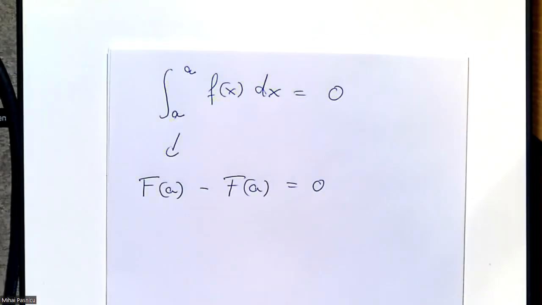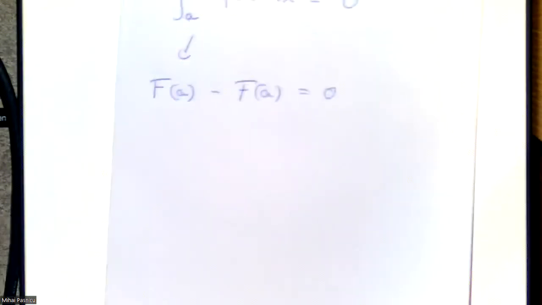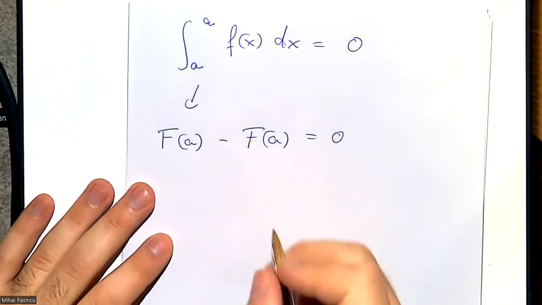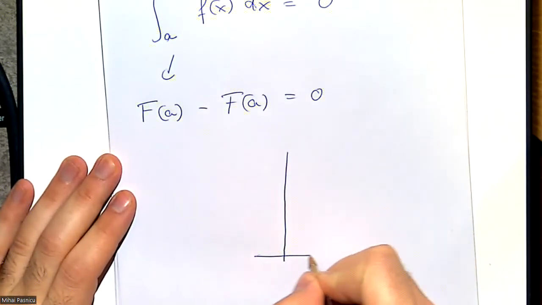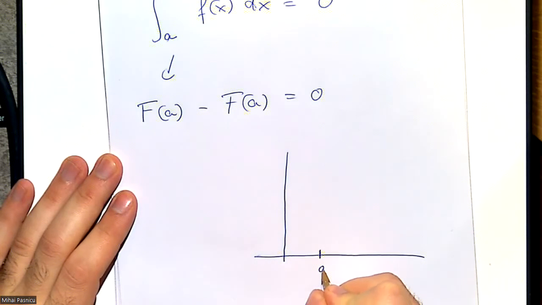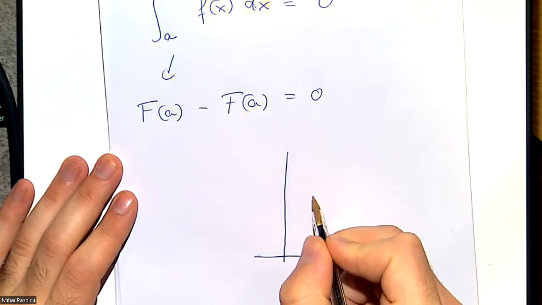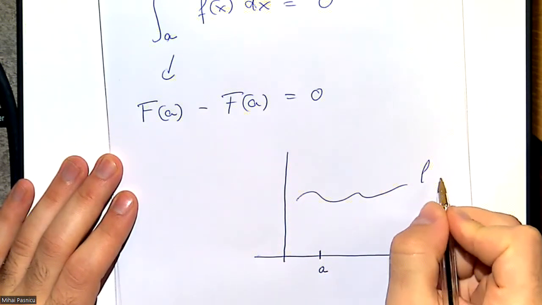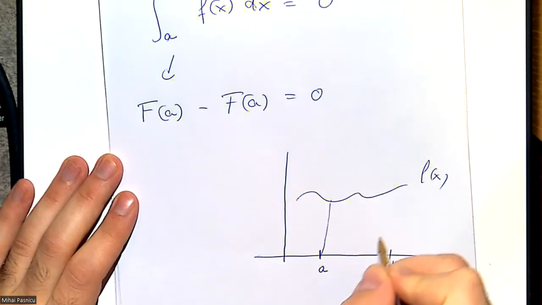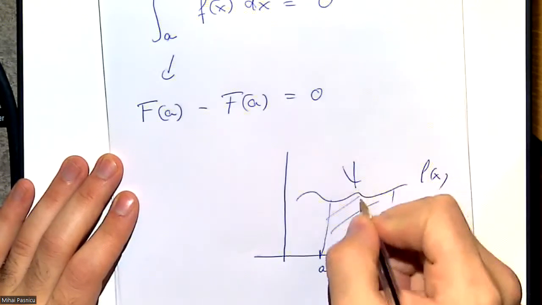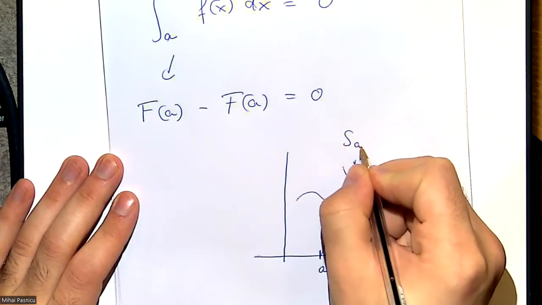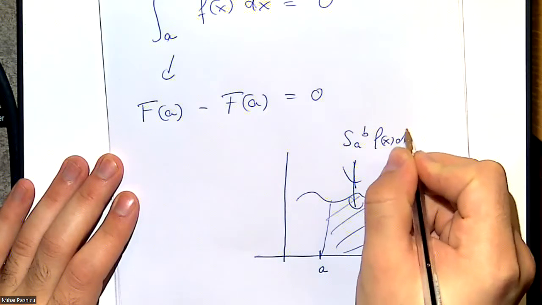And then I thought, maybe that doesn't work. Maybe they're not going to think of that. I defined the definite integral as the area under the graph. Remember, this is a, b, this is my f of x, and I defined the integral as this thing, integral a to b of f of x dx.